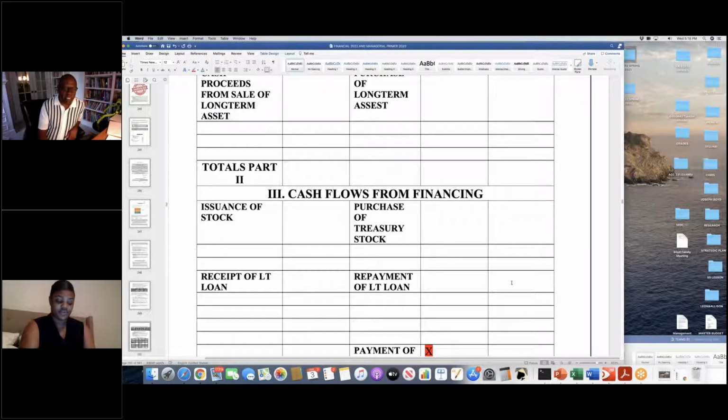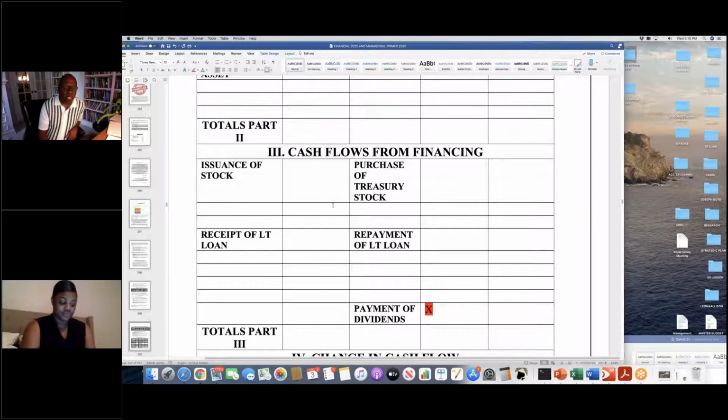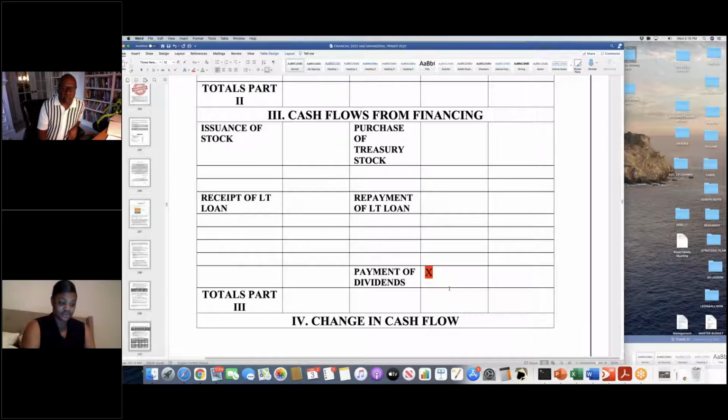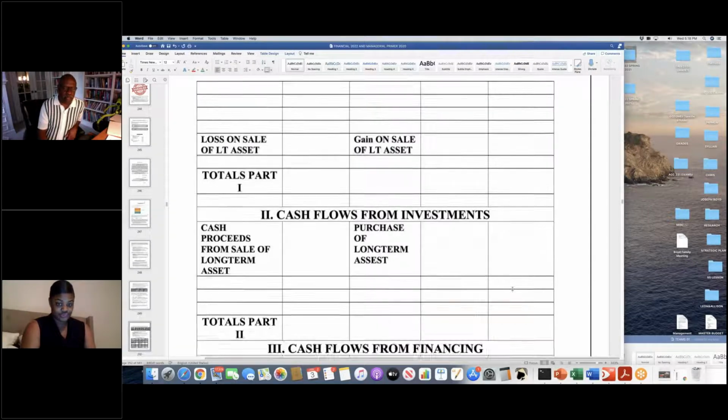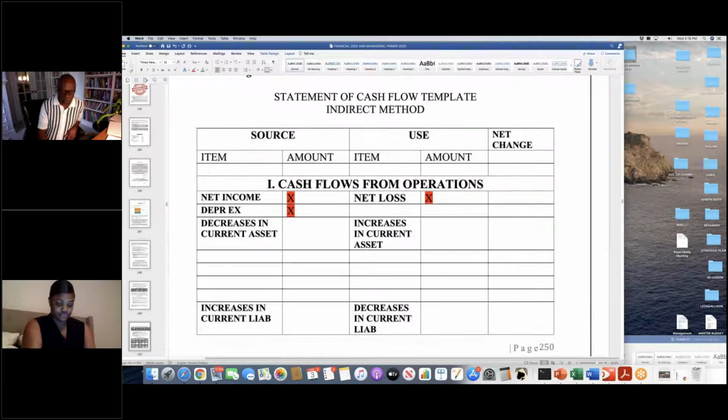And then from financing, sometimes we're going to be getting additional money here, but we're hoping you're repaying your long-term loans, you're paying dividends. So that part 3 is negative, and then they all have to equal out to part 4. So this is a template which shows you where everything goes.